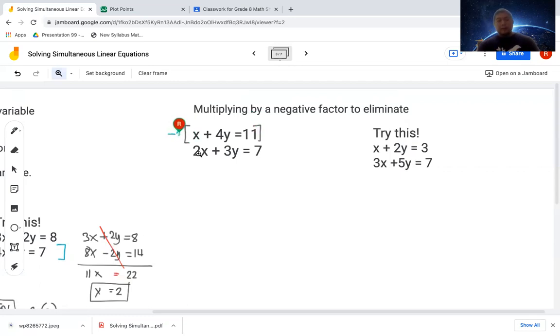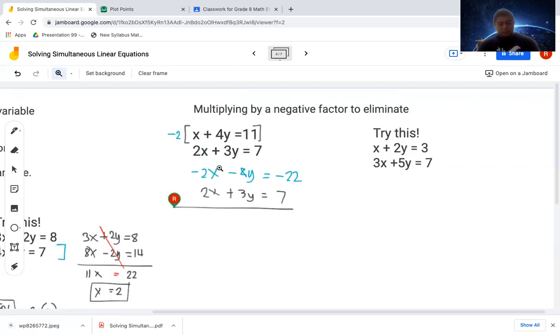So if I multiply this by negative 2, then you will see that the 2x and the second equation could be eliminated right away. So the first equation will have its new face, minus 2x minus 8y is equivalent to minus 22. And here you will be having 2x plus 3y is equivalent to 7.